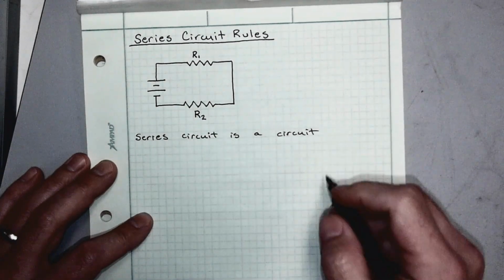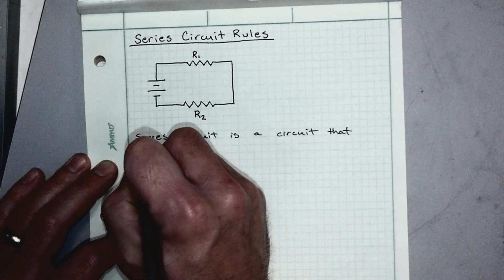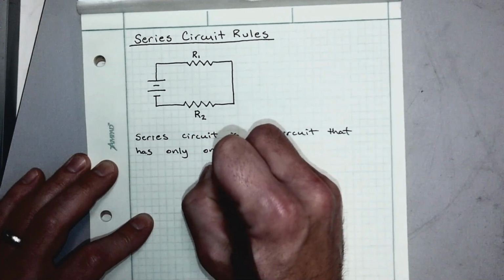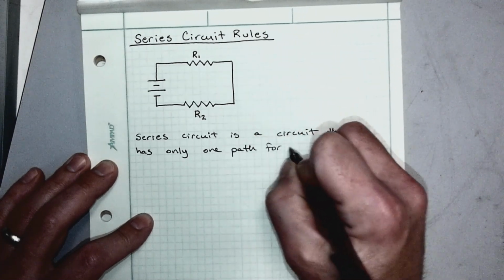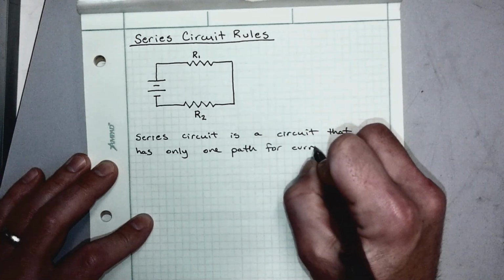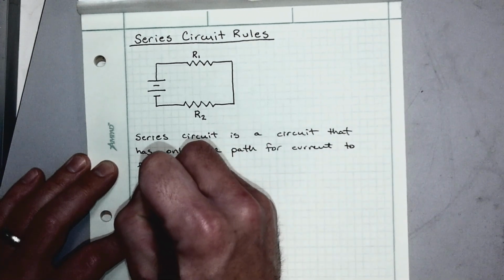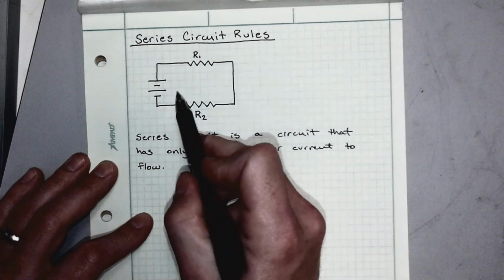So a series circuit is a circuit that has only one path for current to flow. And we can see that singular path, or that one path, right here.